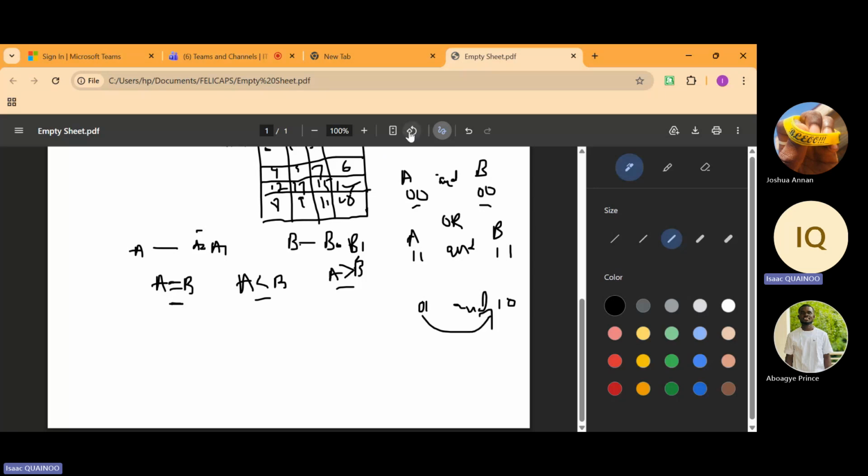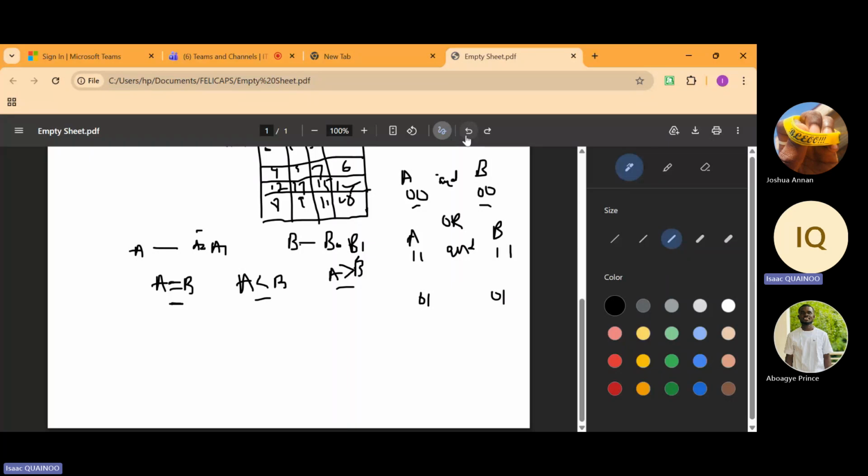But if we take 0 and 1 and 0 and 1, yeah, we can also establish that this is equal, right? Because the first bit is equal and the second bit is also equal.